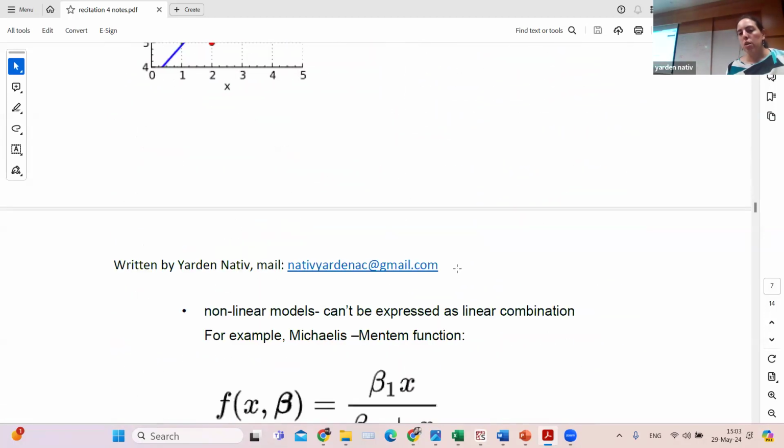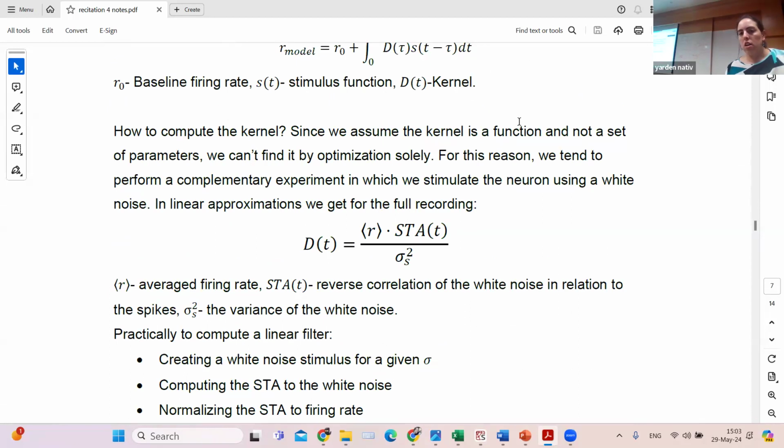you're presenting with a white noise. Do you know what white noise is? Does someone remember? What are the features of white noise? Okay, do you know how you create the white noise?